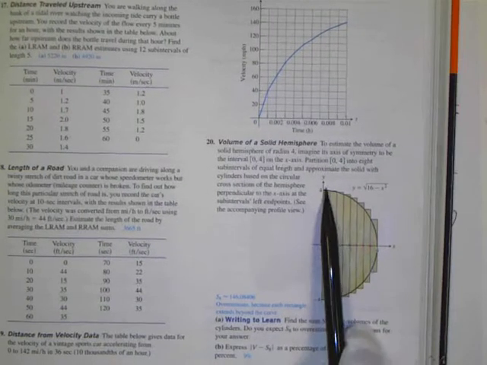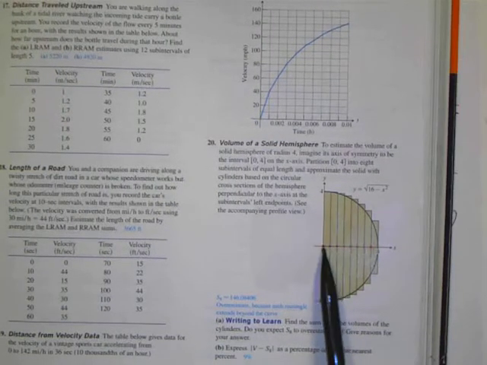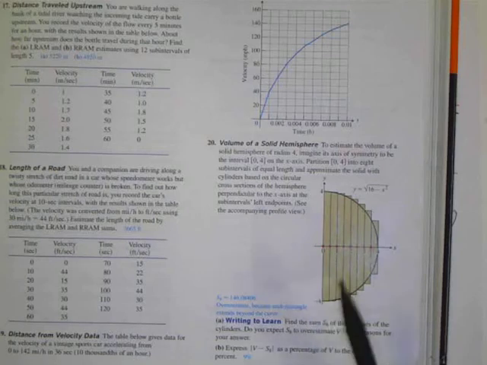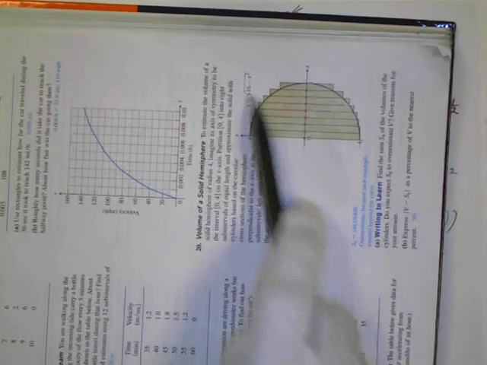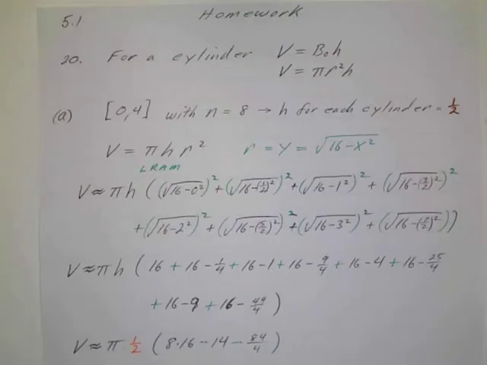That's the radius of the cylinder, and this would be the height as we look at it like this. So you can turn it over sideways if you want. And you can think of these as a side cut of these cylinders. And there's the height, which is 1/2, and then the radius is given by whatever this value is, this equation. Okay? So that's kind of the idea of what we're doing.